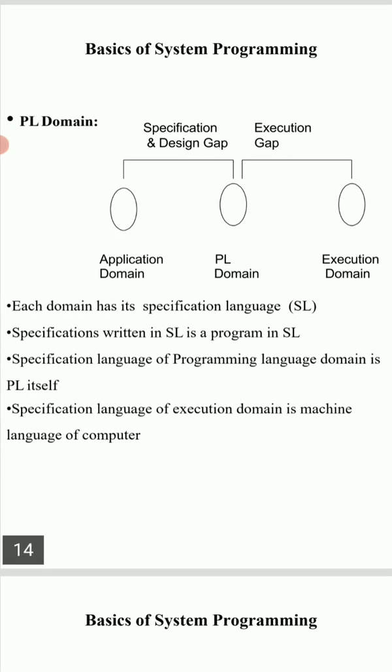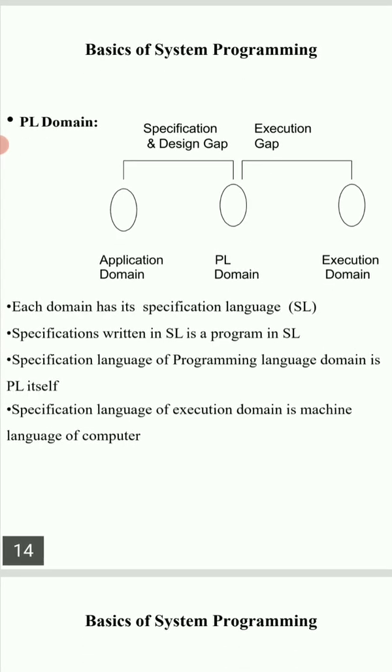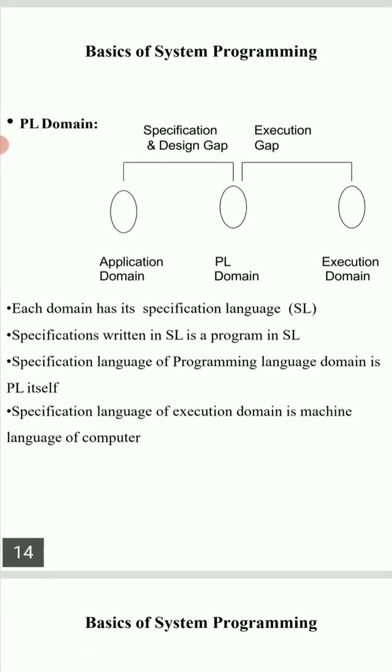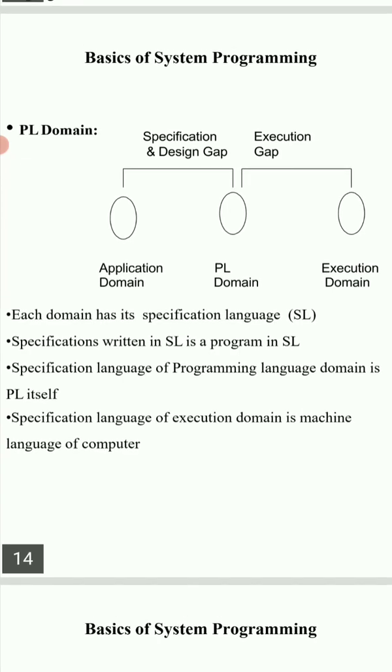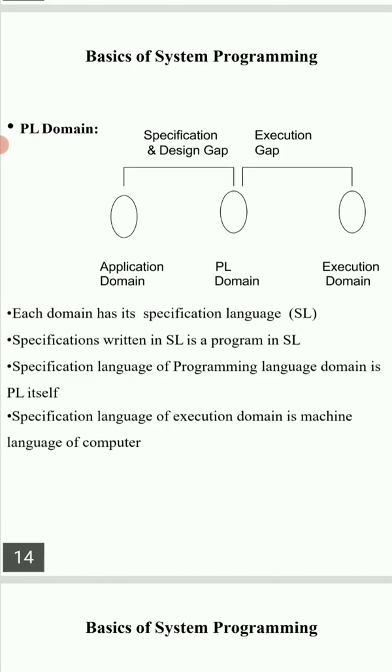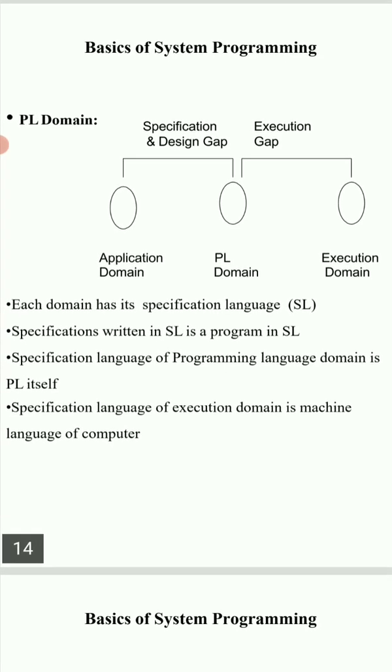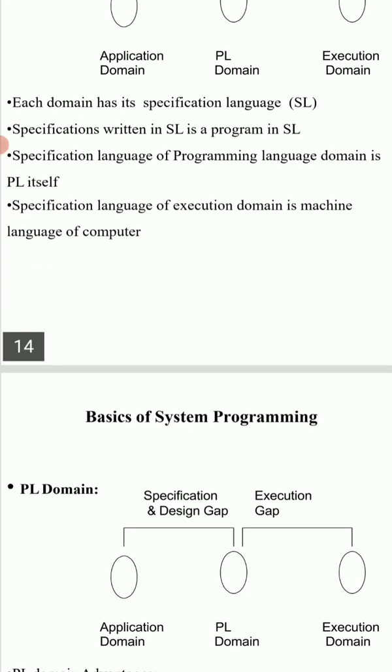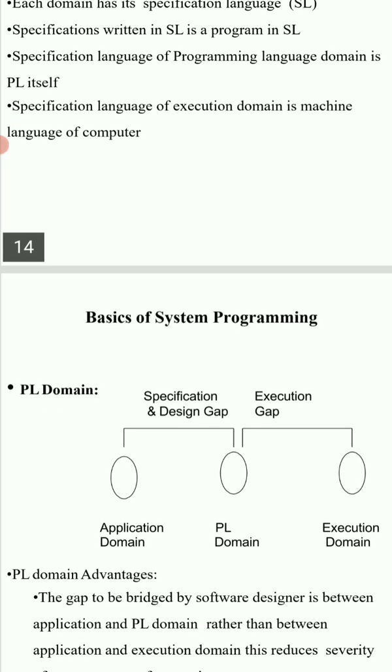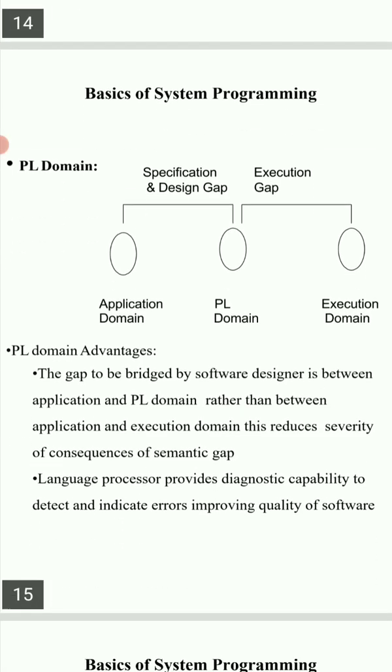A specification written in the specific language is a program written in that language. The specification language of the programming language domain is the programming language itself. The specification language of the execution domain is the machine language of a computer.